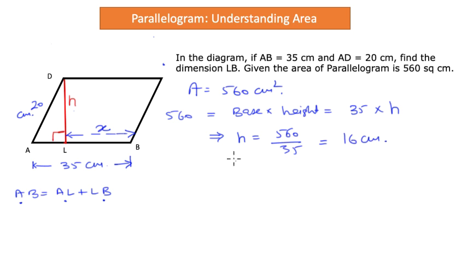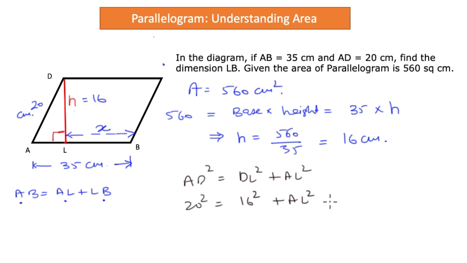Now we can use the Pythagorean principle because AD is the diagonal, h is the height, which is the vertical, and AL is the base. That means AD square is equal to DL square plus AL square. AD is 20, so 20 square is equal to DL, which we just found is 16, so it becomes 16 square plus AL square. AL is what we need to find.